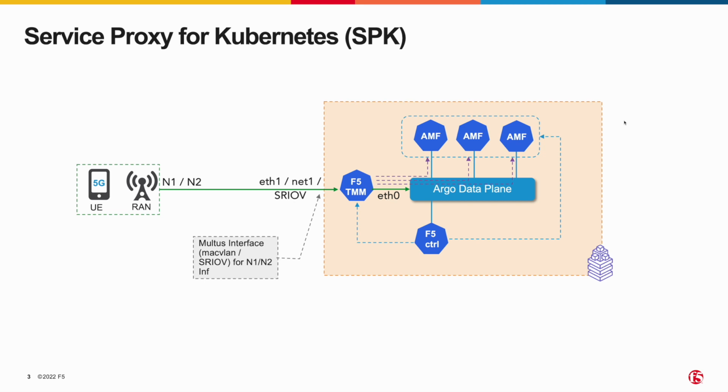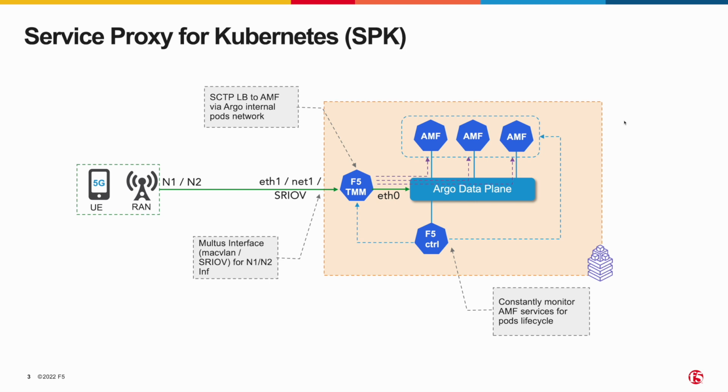The F5 internal interface, IT0, is connected to the AppStack Argo data plane. This is the Kubernetes pod network. SCTP and NGAP will hit F5 TMM, and F5 TMM will load balance to AMF via the Argo internal pod network. The F5 controller constantly monitors AMF services for pod lifecycle and dynamically programs the F5 TMM data plane.